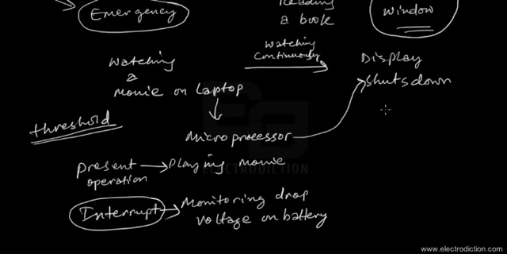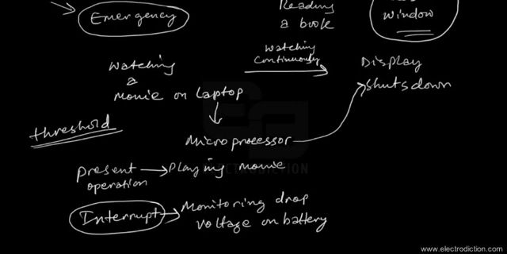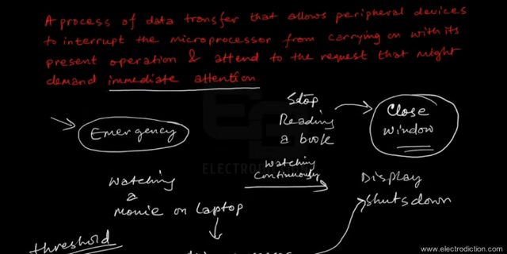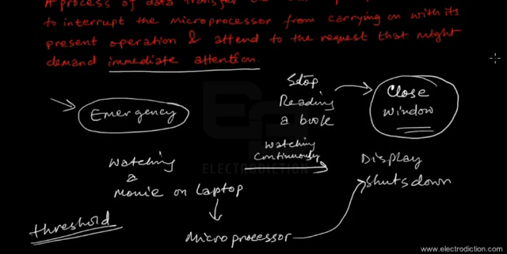Then you realize this is an inconvenience, so you go and plug in your charger. You can get an idea from these examples that whenever there is an emergency situation arising in a program you have written for controlling some device, you need to provide an interrupt.